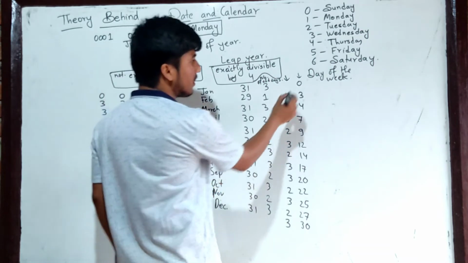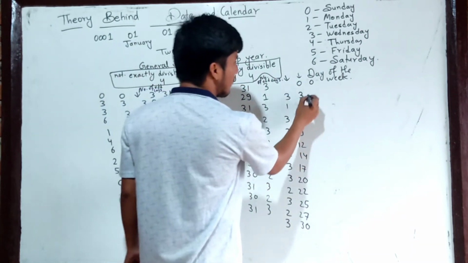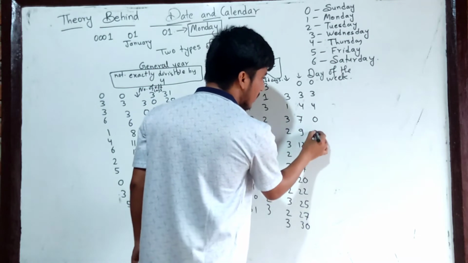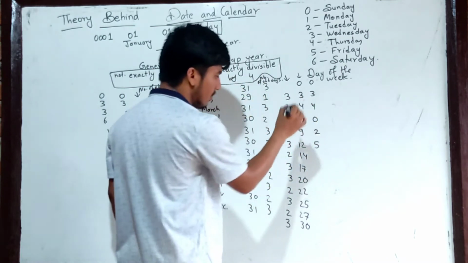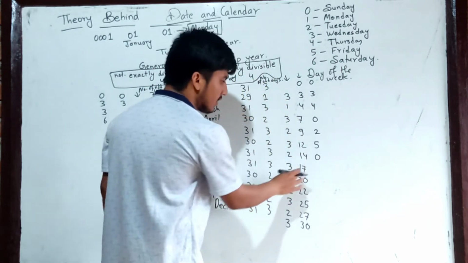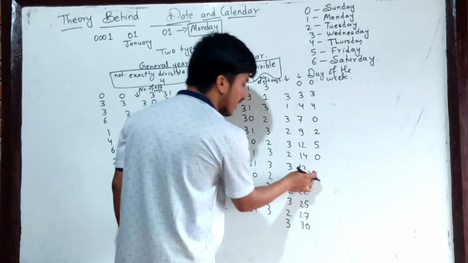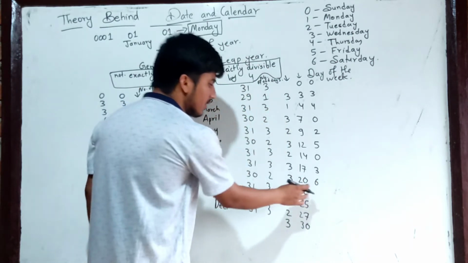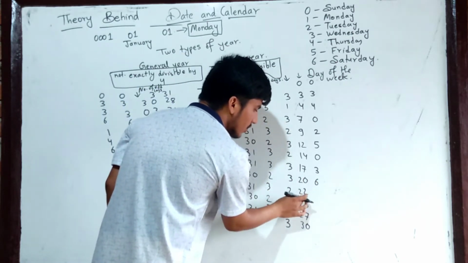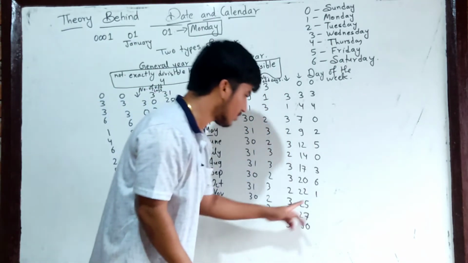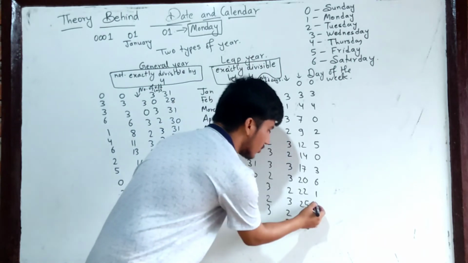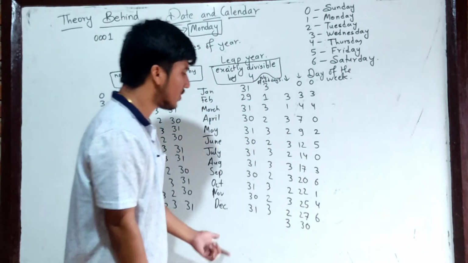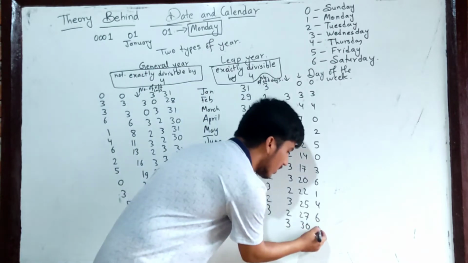If we perform modular 7, then 0 mod 7 gives us 0, 3 mod 7 gives us 3, 4 mod 7 gives us 4, 7 mod 7 gives us 0, 9 mod 7 gives us 2, 12 mod 7 gives us 5, 14 mod 7 gives us again 0, 17 mod 7 gives us 3, 20 gives 6, 21 plus 1 is 22, so 22 mod 7 gives us 1, 25 mod 7 gives us 4, 27 mod 7 gives us 6, and finally 30 mod 7 gives us 2, since 7 times 4 is 28 and 28 plus 2 is 30.